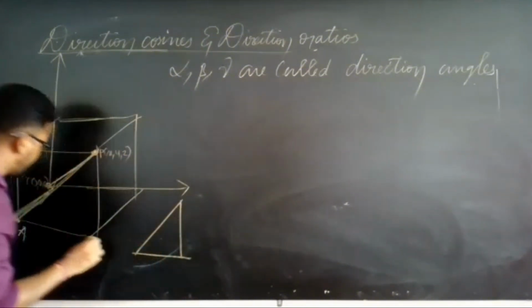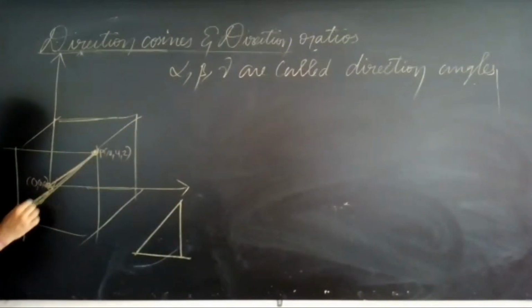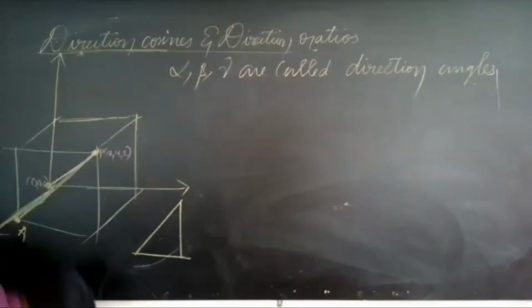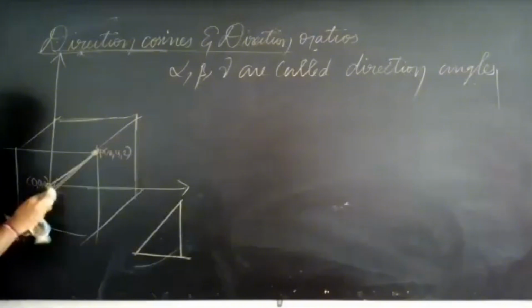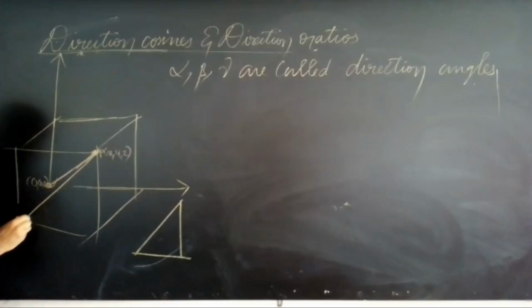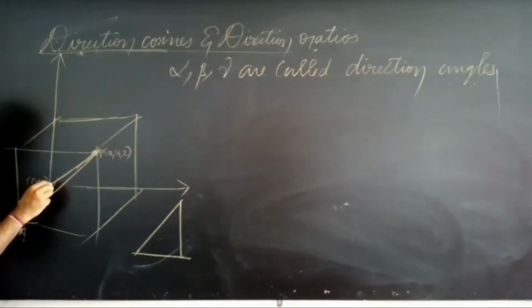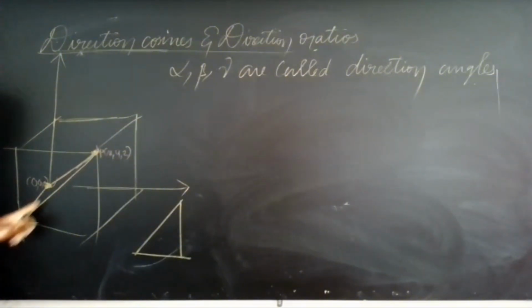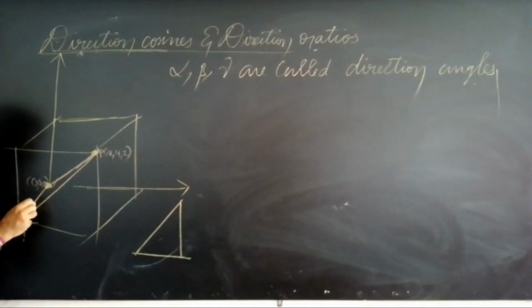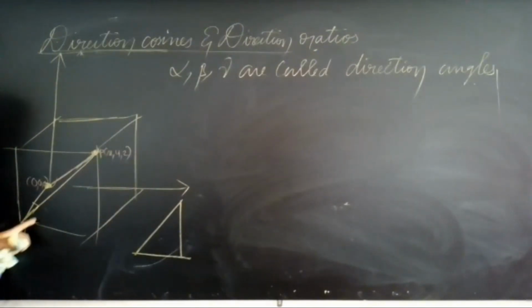See here, this will become 90 degrees. This is the middle line which passes through diagonally. So this forms 90 degrees. That figure only I'll draw here.